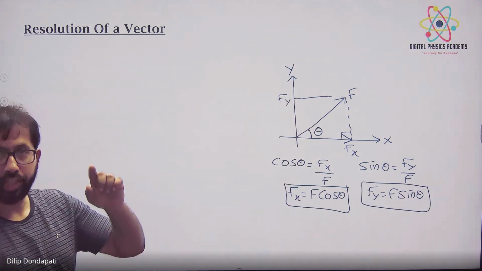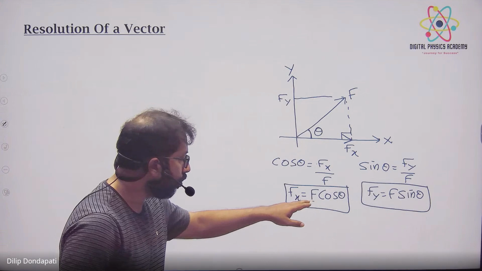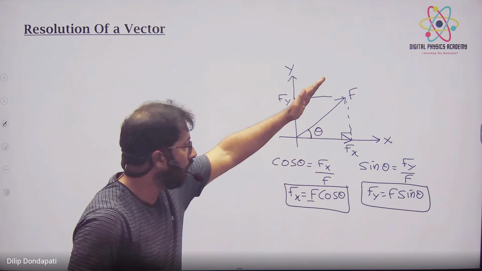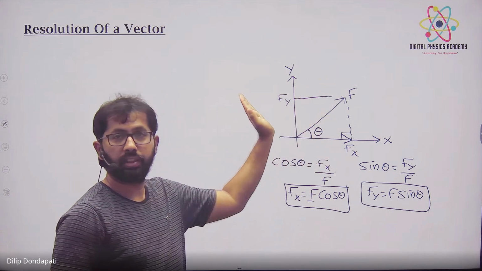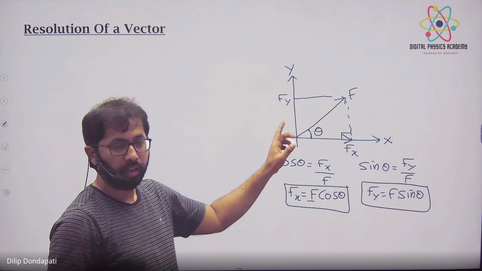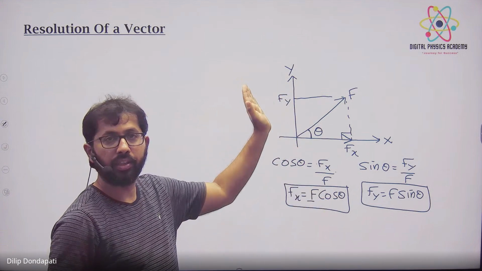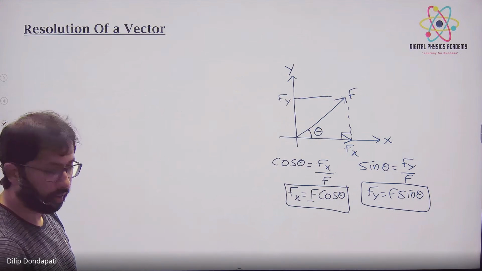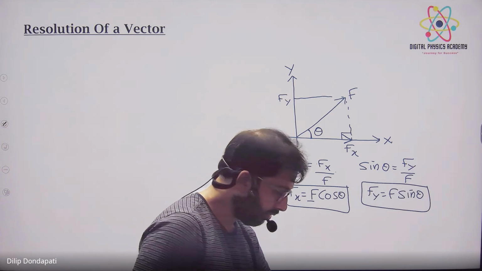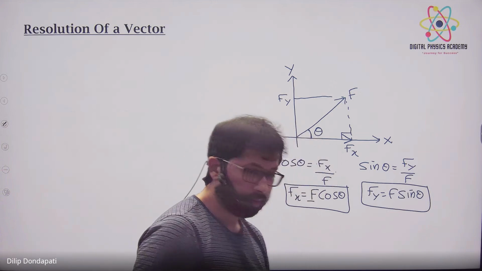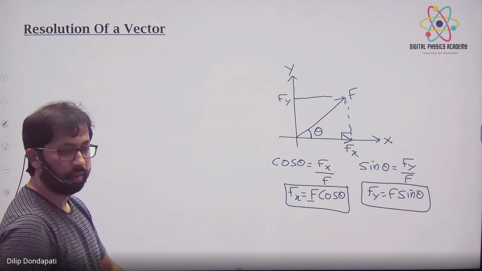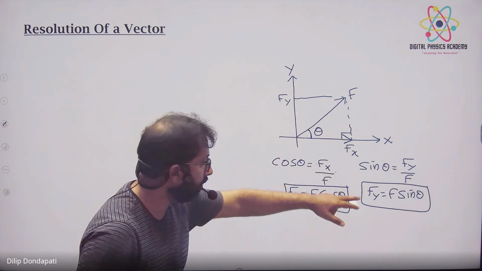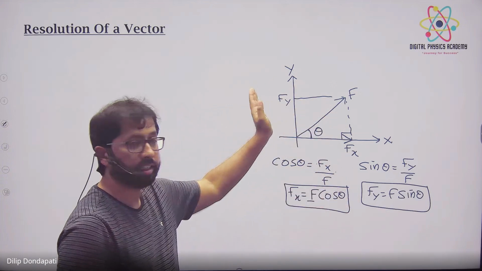That means if I know theta and the force acting on the suitcase, I can find the components along the x direction and the y direction. Understood? Along the x direction the force is F cos theta, along the y direction F sin theta.